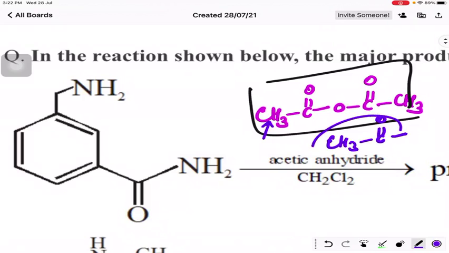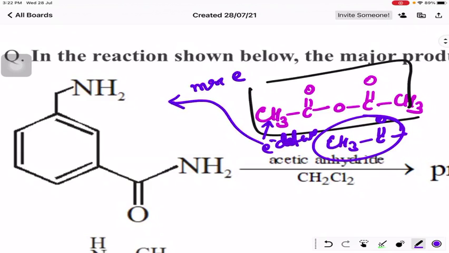The acetyl group is electron deficient, and that's why it will attack the more electron-rich center. There are 2 electron-rich centers: we have nitrogen in 2 places, each with 1 lone pair of electrons.